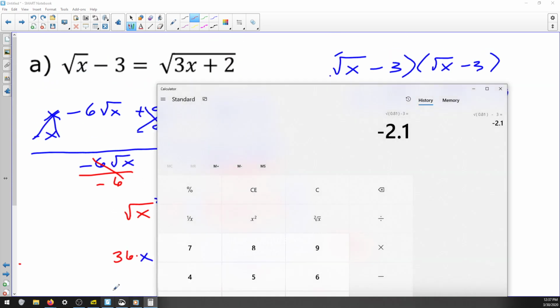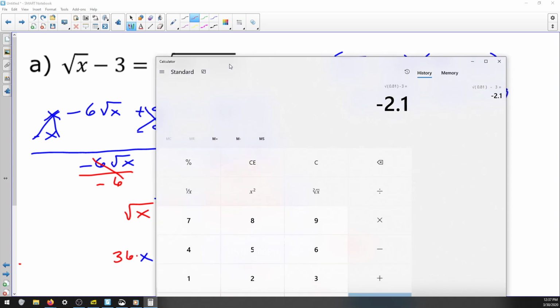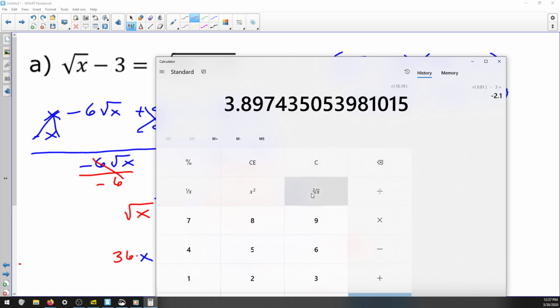If I do the same thing with the 15.19, which is my other answer, I take the square root of that and then subtract 3, I get 0.89. And that sounds good. Let's check the same thing on the other side.